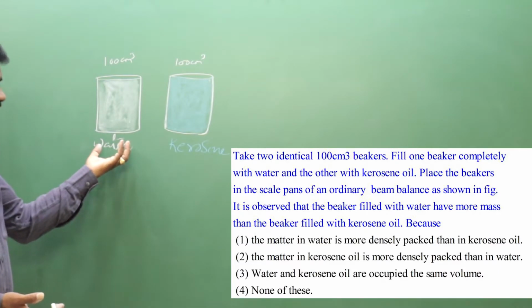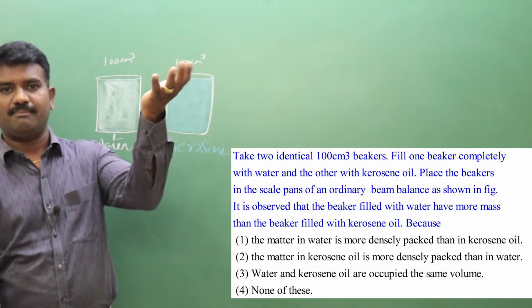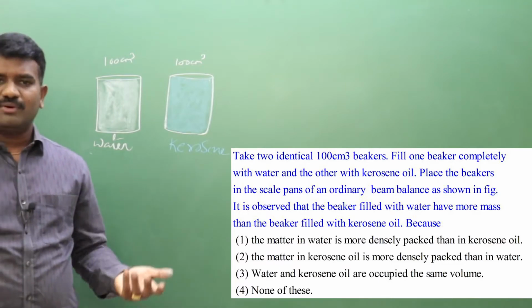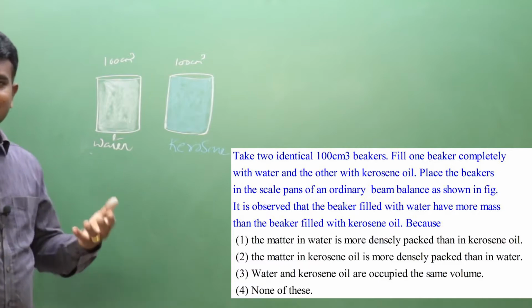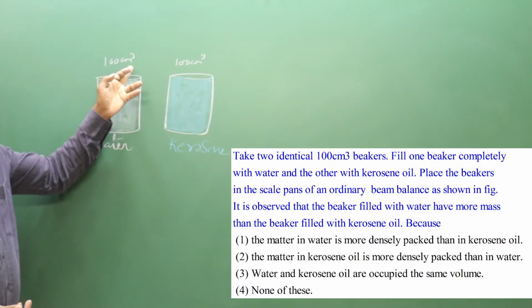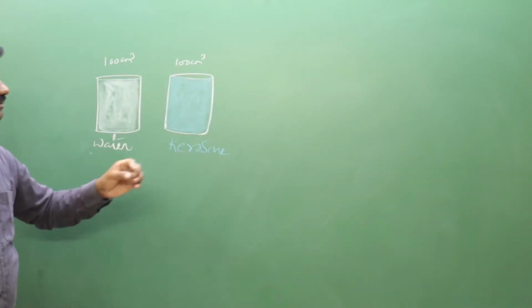Means the beam balance will be lowered towards water and the kerosene rises up. Why? It is very clear that the one which has more mass is lowered, the one which has less mass rises. So here the mass of 100 centimeter cube of water is greater than the mass of 100 centimeter cube of kerosene.